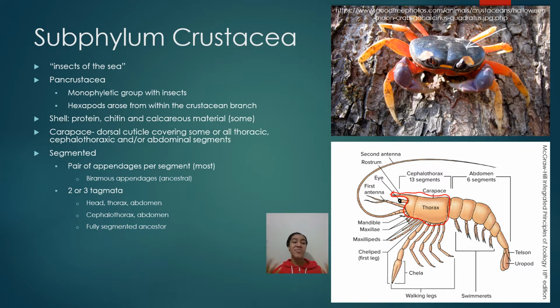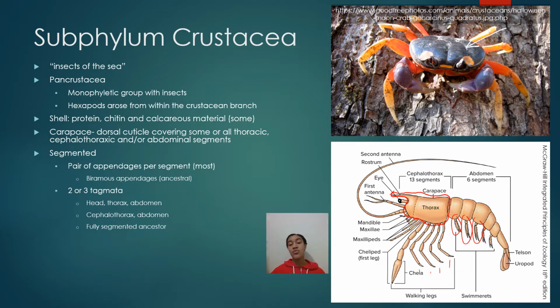So obviously crustaceans are segmented. In crustaceans, for the most part, they have a pair of appendages for each of their segments. You can see that in this picture of the lobster as well, that all of their abdominal segments have a pair of appendages, and then you can't really see the segments that lie underneath the carapace, but the vast majority of these 13 segments also have a pair of appendages associated with them.